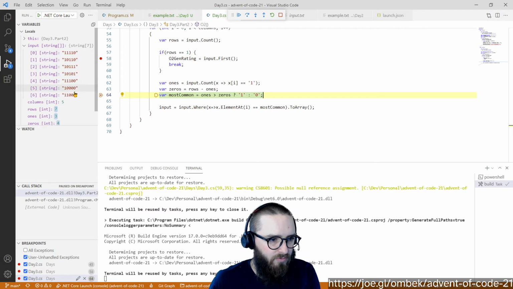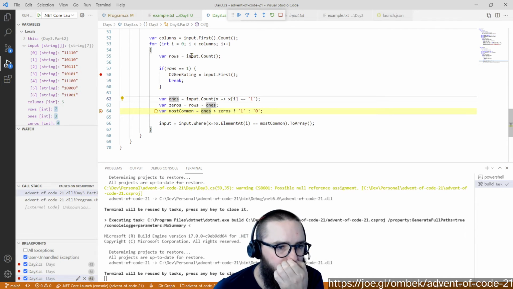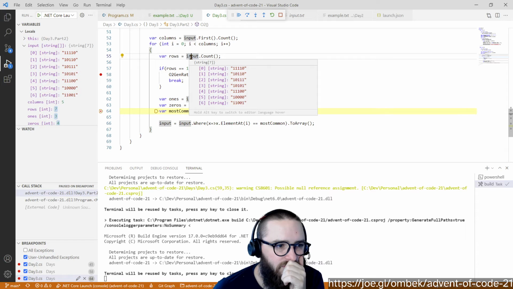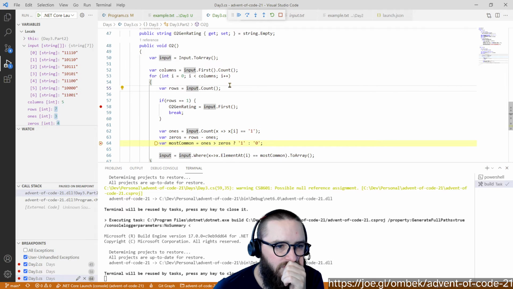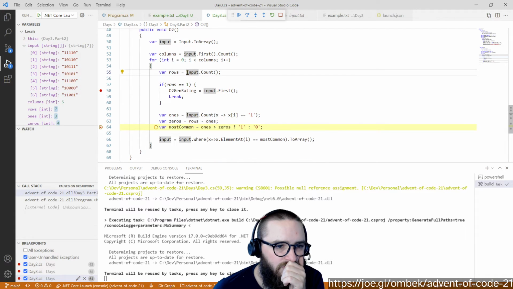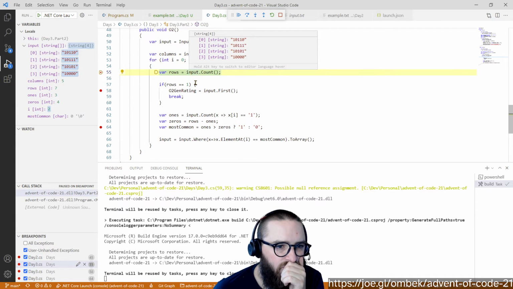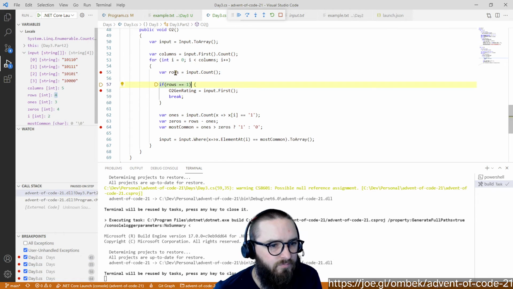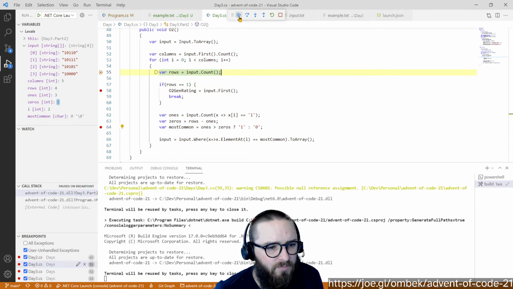So now we've only got the ones that start with 1. The number of ones, rows is still 7. It went down that time. Rows should always have been 7.